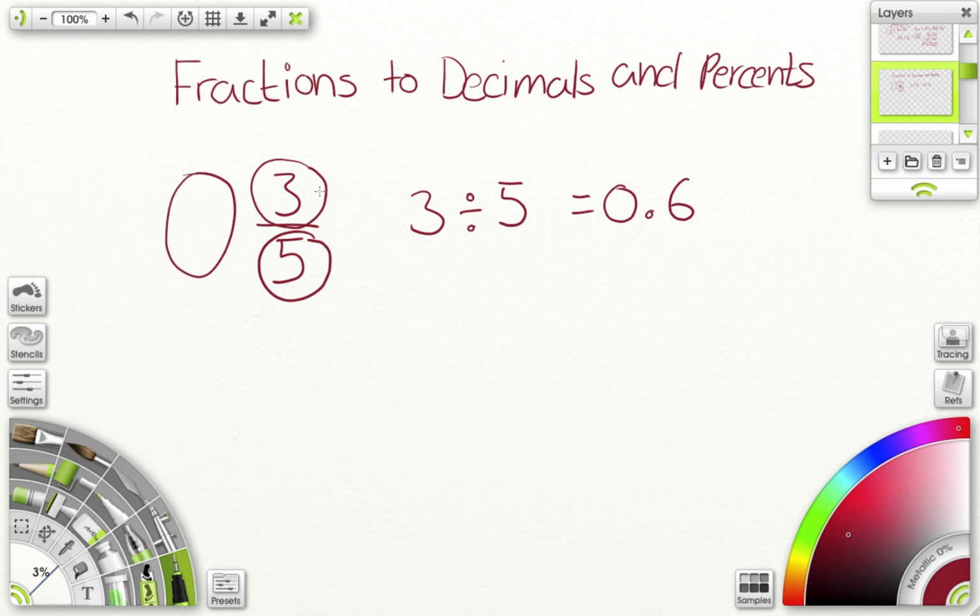So when you take 3 divided by 5, you basically bring that 0 over, and it is your first digit, and then it's a decimal, and then it would be whatever the numerator divided by the denominator would be. So that's how you convert a fraction into a decimal.